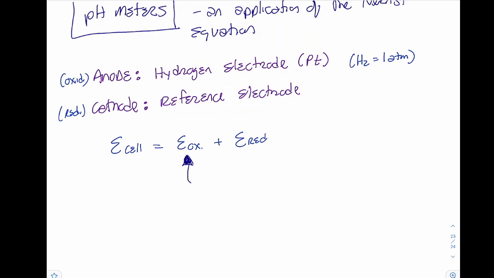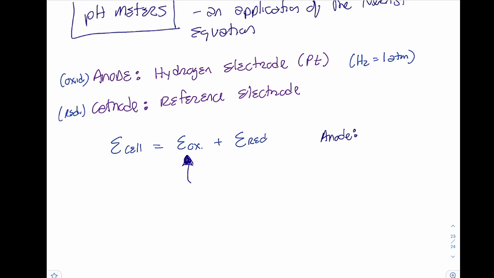So everything I'm going to write below here for a little bit is just talking about that hydrogen electrode. And that hydrogen electrode, let's actually write it again. And again, I keep saying hydrogen electrode, but remember the electrode itself is platinum, so the hydrogen half reaction. If you were to look this up on the table of standard reduction potentials, it's going to be written as a reduction.